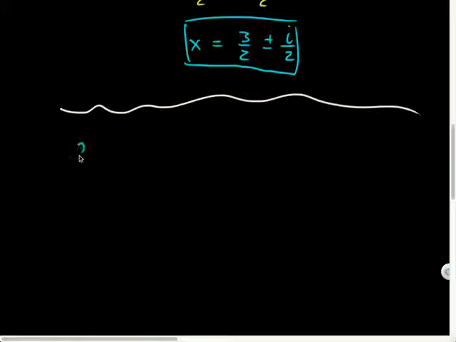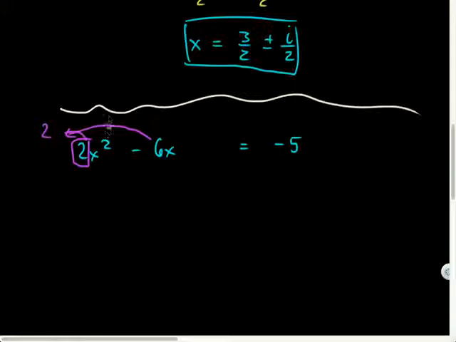Now the other way you could have done this is by factoring the a out of the first two terms. Not the GCF, just the 2, because the GCF would have included an x.